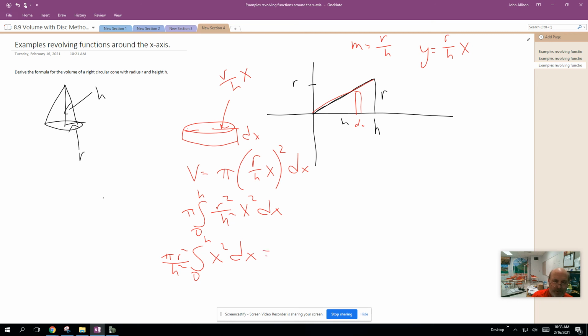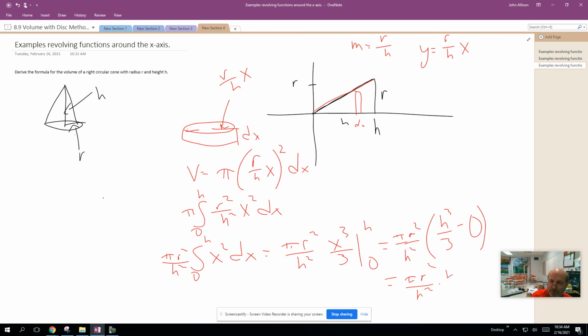So when I integrate that, I get pi r squared over h squared times x cubed over 3 evaluated from 0 to h. That gives me pi r squared over h squared times h cubed over 3 minus 0 over 3, or just 0, which is pi r squared over h squared times h cubed over 3.